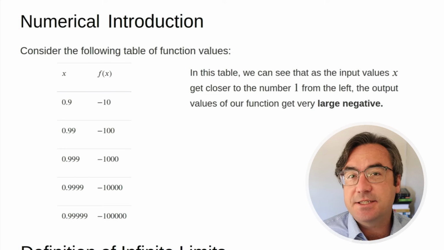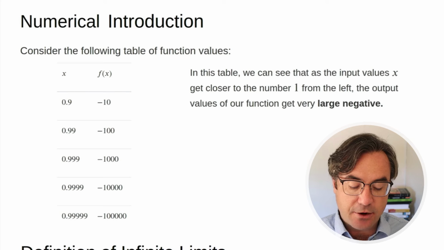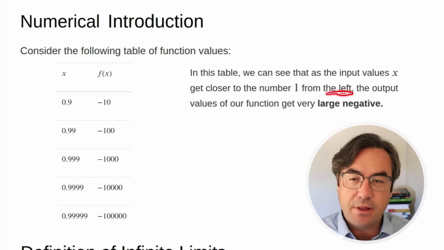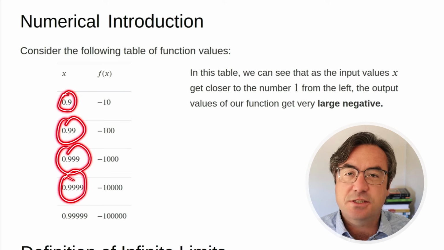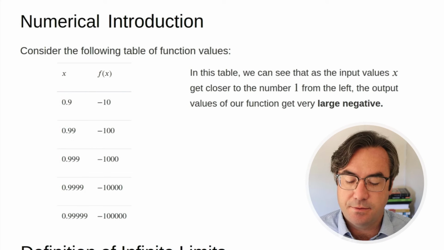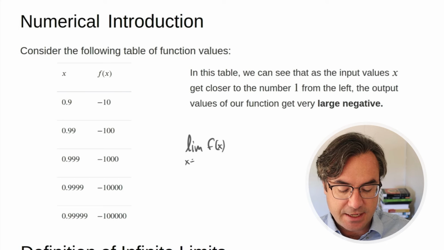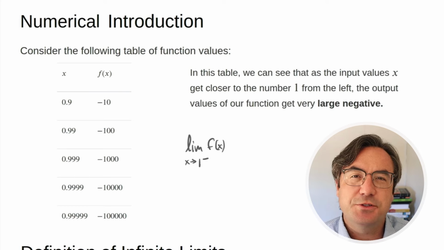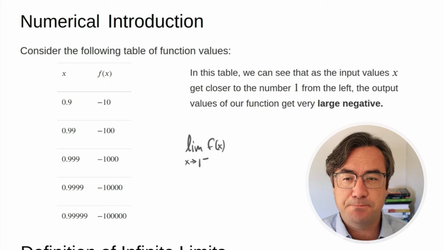In this table, we're looking at input values x that are getting closer and closer to the number 1 from the left, so we're using values that are slightly smaller than 1. We're calculating the limit of f of x as x approaches 1 from the left.